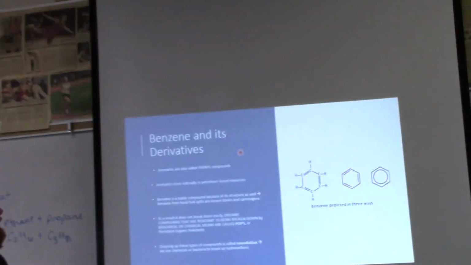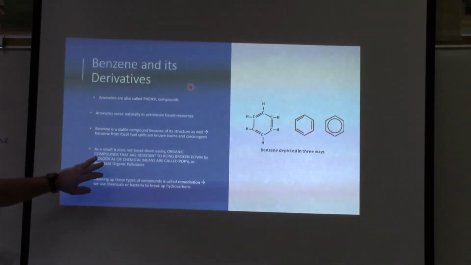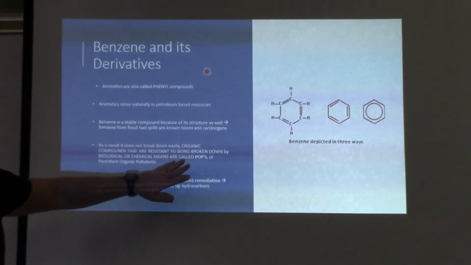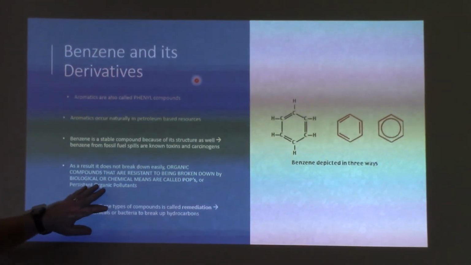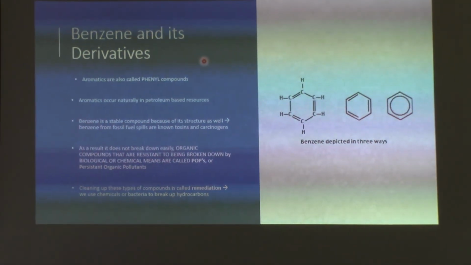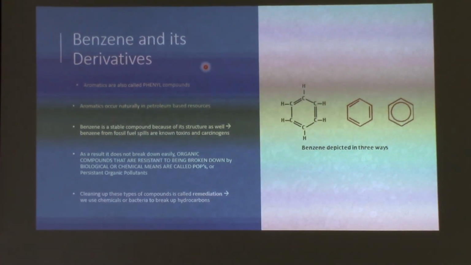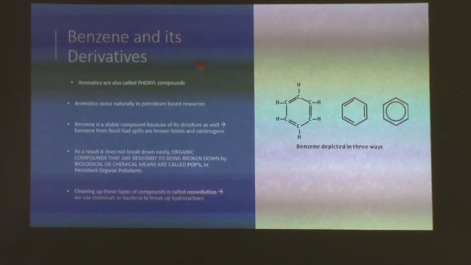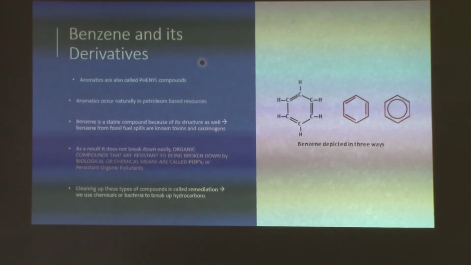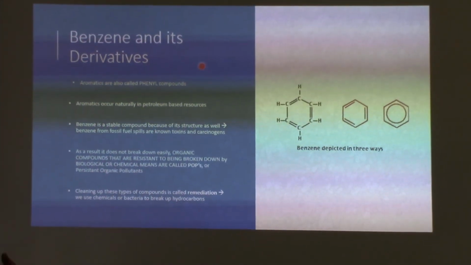All right. So benzene, because of its stability as well, doesn't break down. Organic compounds that are resistant to being broken down by biological or chemical means are called POPs, or persistent organic pollutants. So benzene has the ability to bioaccumulate up a food chain, right? I'm going to talk about a bunch of different benzene-derived molecules that do this. Now, benzene does not dissolve in water, right?